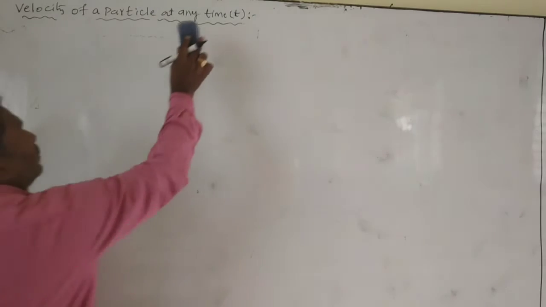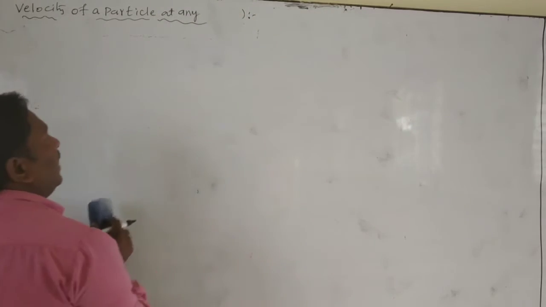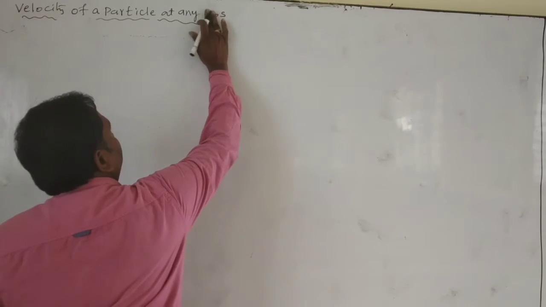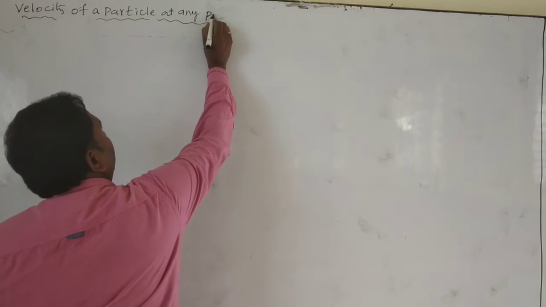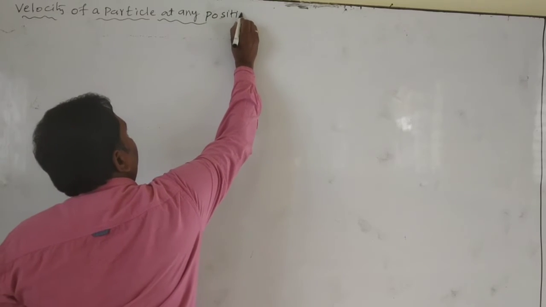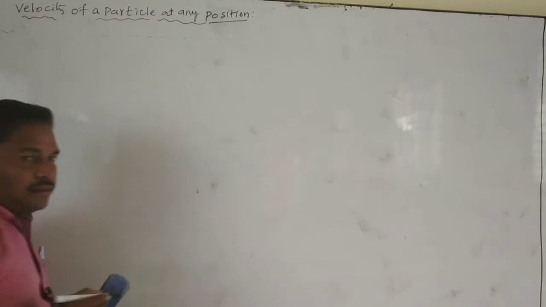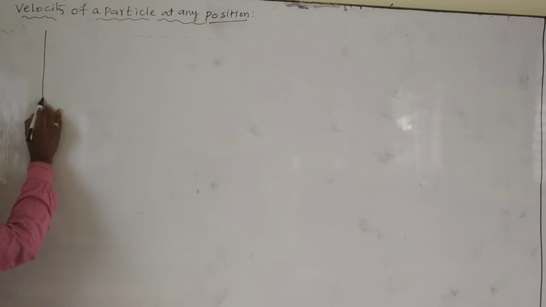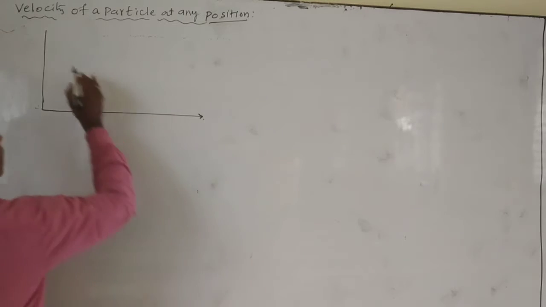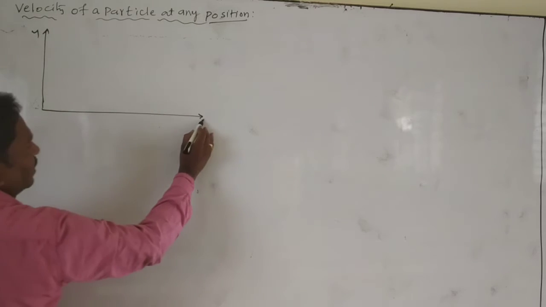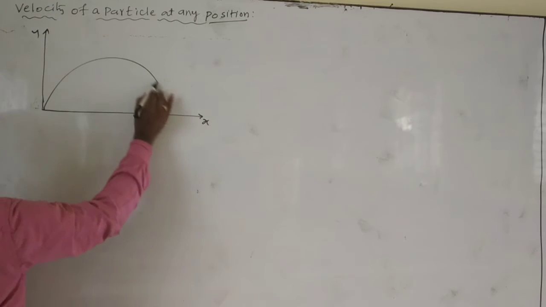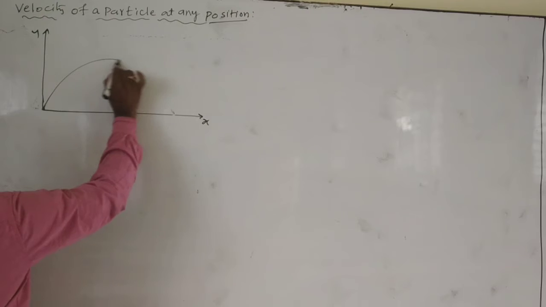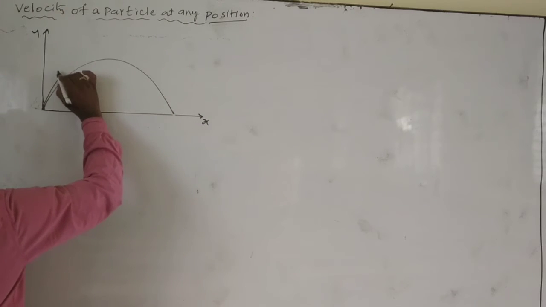Next we are going to find the velocity of the particle at any position. Let the particle be projected, with this as the y direction and this as the x direction. In this direction we projected.